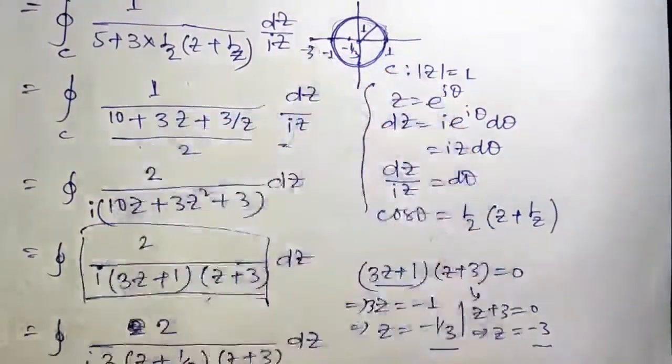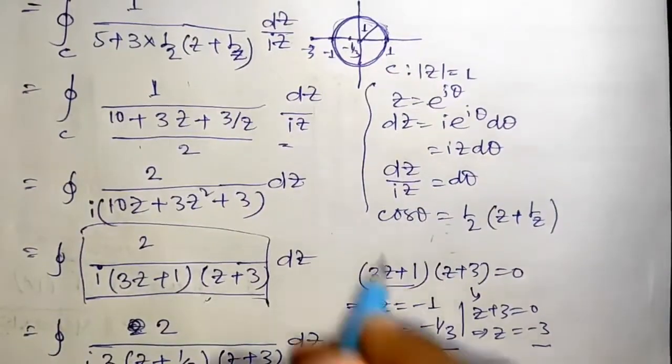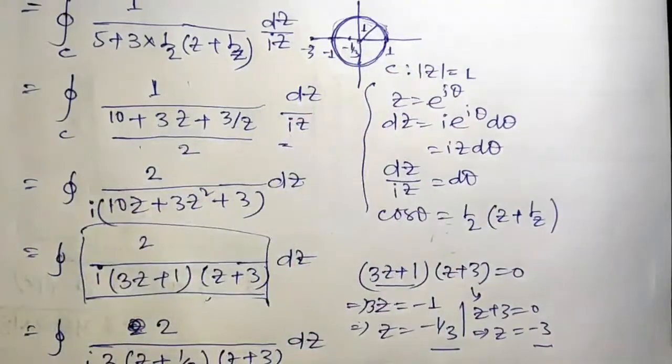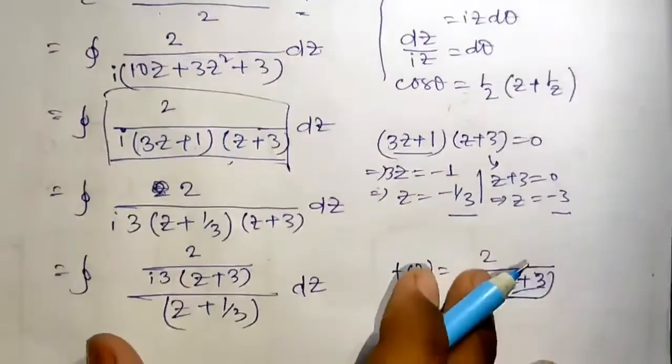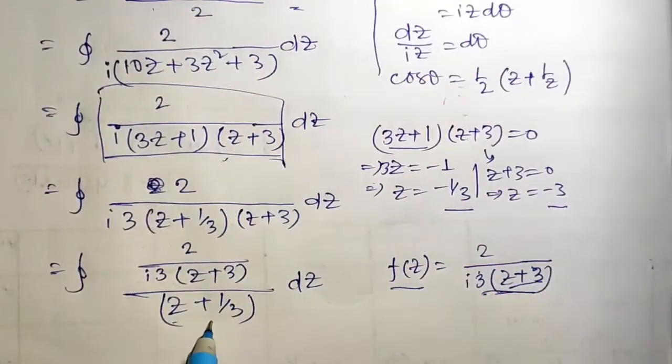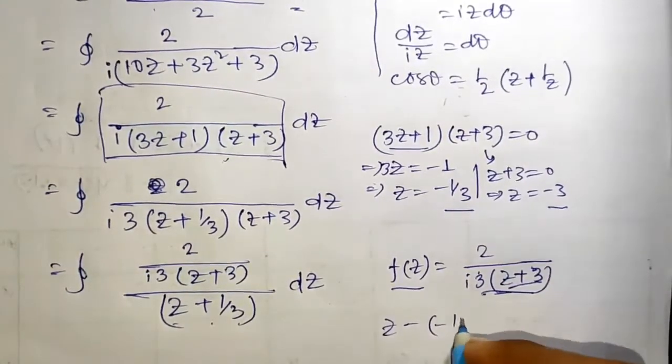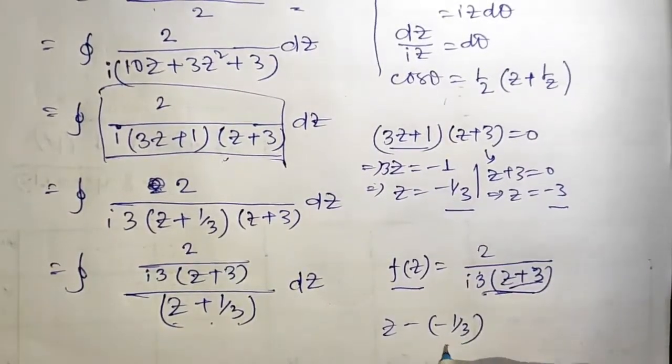We can clearly see that. But inside this circle and on this circle there is no singularity. So this is fine. And z plus 1 by 3 can be z minus (minus 1 by 3).